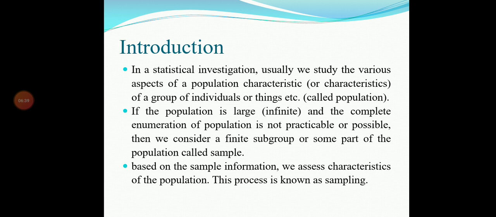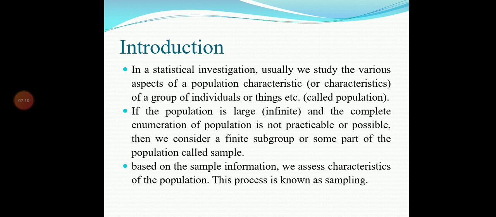What we started in the introduction, we have various aspects of the population characteristics. Now, based on the sample information, we have to assess what would be the characteristics of the population. So the population characteristics are assessed by the information collected from the sample.